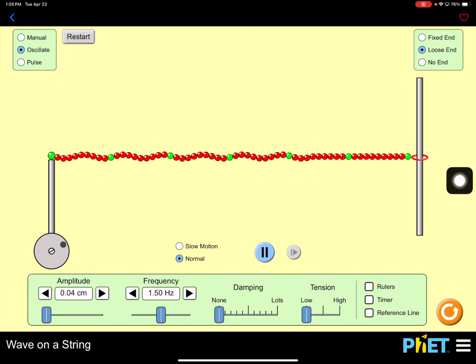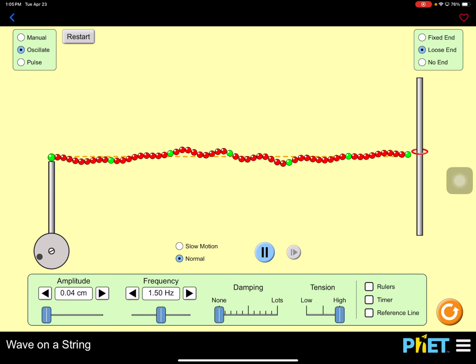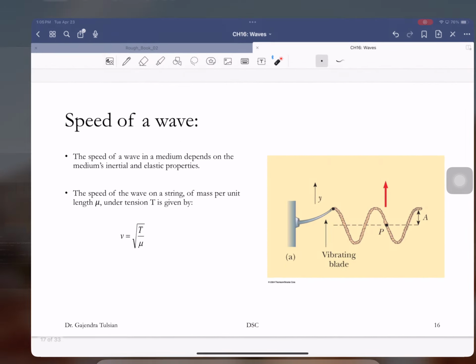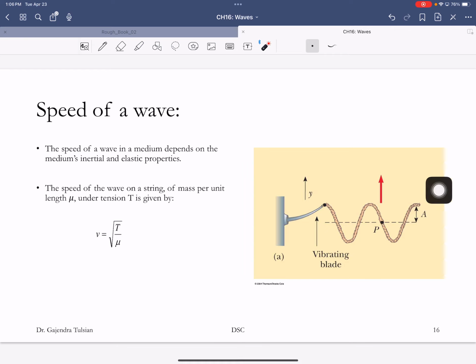The higher the tension, the higher the wave velocity. So the wave velocity in a string depends on the tension like this: it's the square root of the tension divided by the mass per unit length. For the same tension, the heavier the string, the lower the velocity. So the velocity depends on the tension and mass per unit length, like so.